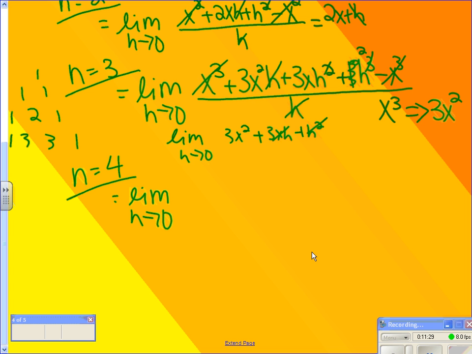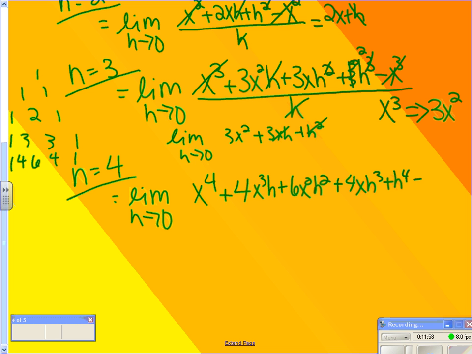And then n equals 4. What would our numerator be? x to the 4th. You agree?